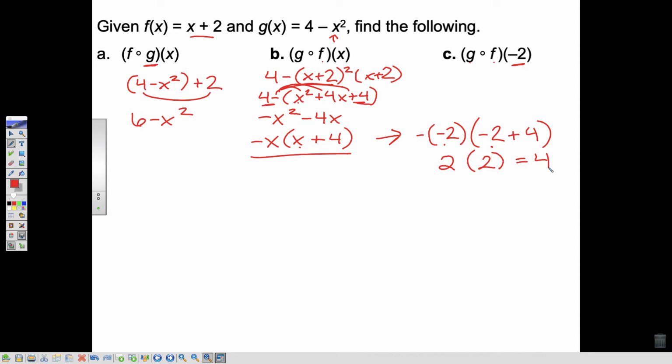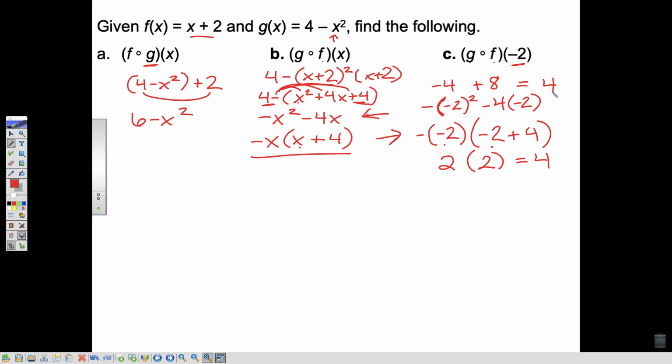Now, could I plug it in right here? Yeah, but it would be -2 squared minus 4 times -2. So -2 squared is 4, and then it would be negative, and then -4 times -2 is +8, and I get what? 4.